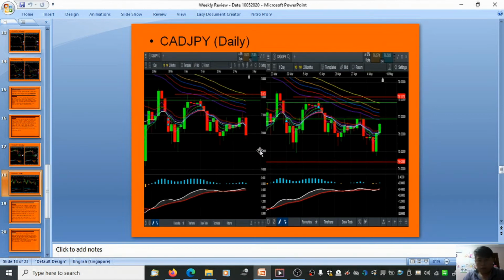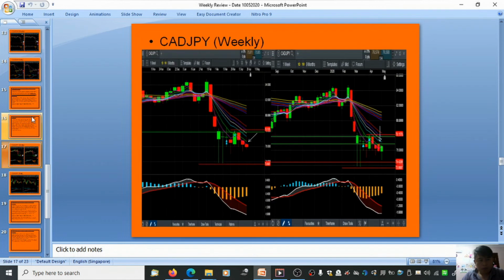If you refer back to last week, the daily candlestick, so this is the last one. From here you can see the candlestick actually crosses over the previous candlestick, meaning this one is actually a green candlestick.